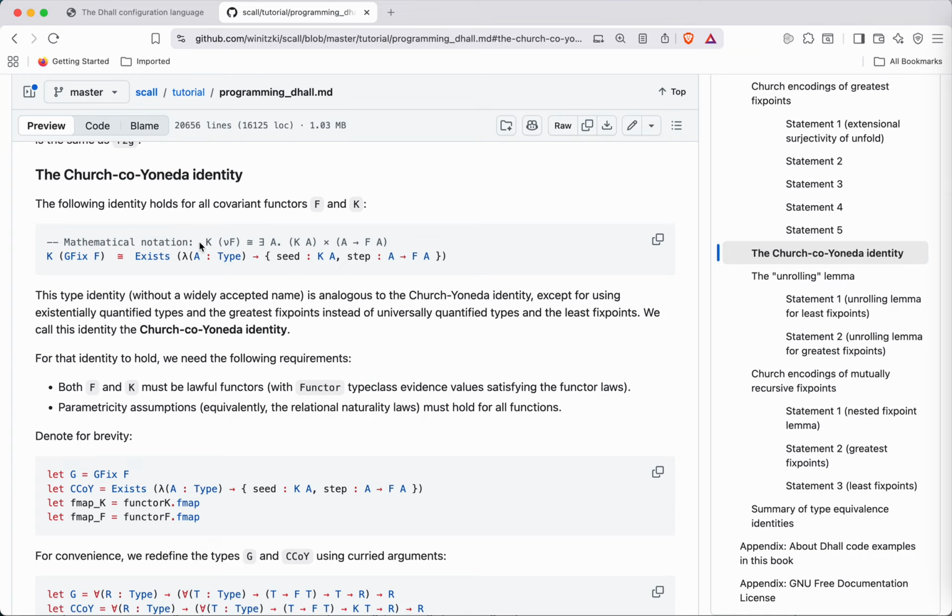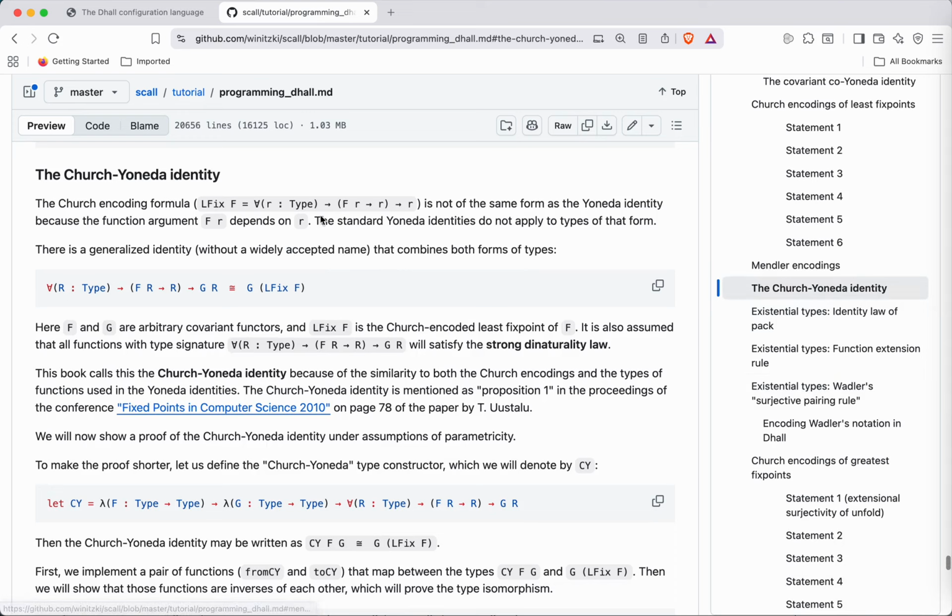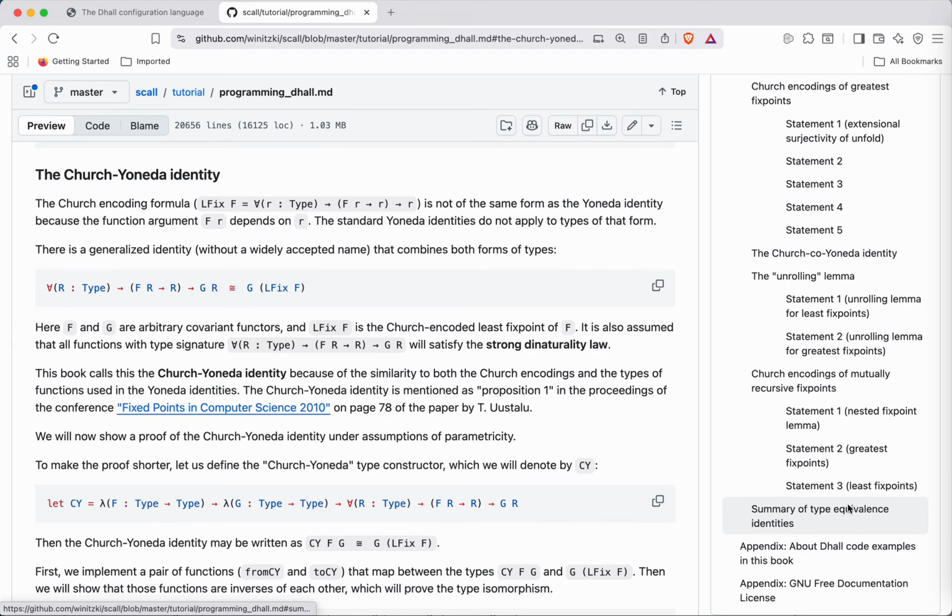So, for example, a functor applied to a greatest fixed point of another functor is encoded like this using an existential type, and a functor applied to a least fixed point of another functor is encoded like this, which is similar to Church encoding but a little more general. So this is a very useful theorem, the Church-Yoneda identity as well as the Church co-Yoneda identity. I use it to prove several other things in this book.